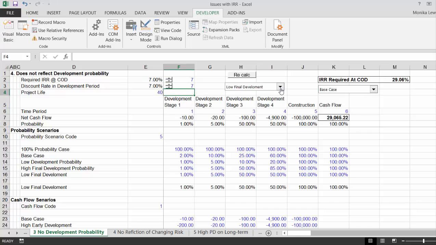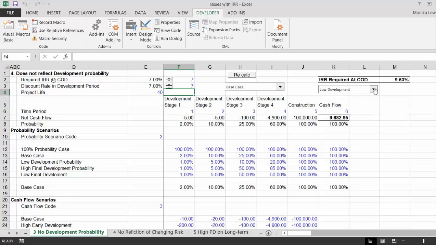That's maybe a little more realistic. So then we can put in our base case, and then we need 11% IRR to take account of all of the development probabilities. And if we have a little bit of a high early development, then we need 73. Just pure high development, we need 43. No development, we still have the 7%. High early development, that's what I said was so bad.